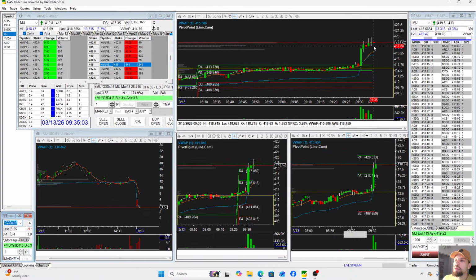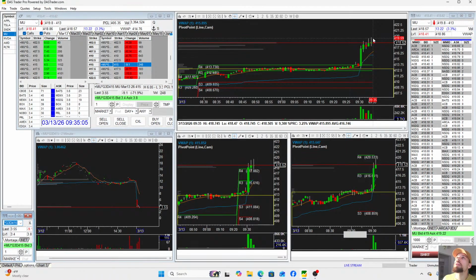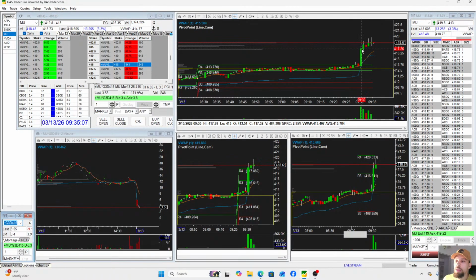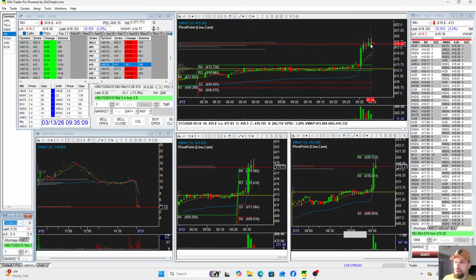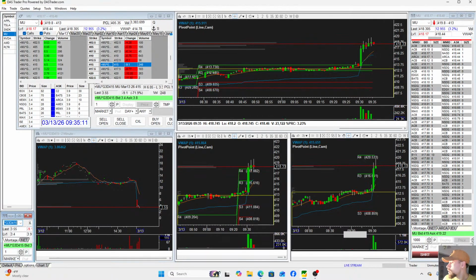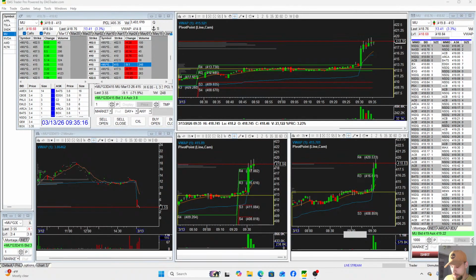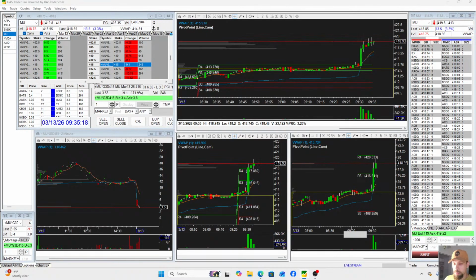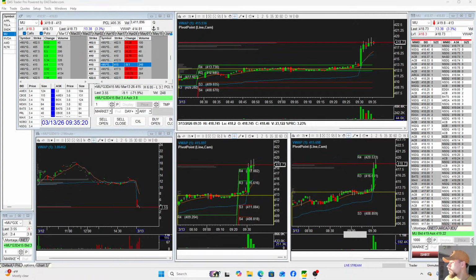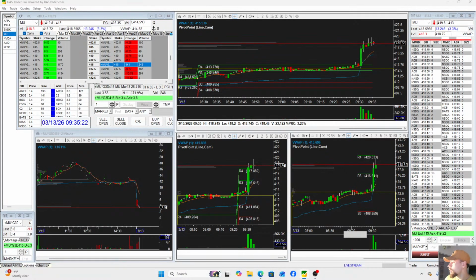Looks good, okay. Just watching the price action on MU near this 420. Watching that volume. I'd like to see what happens at 420 if it can get there.